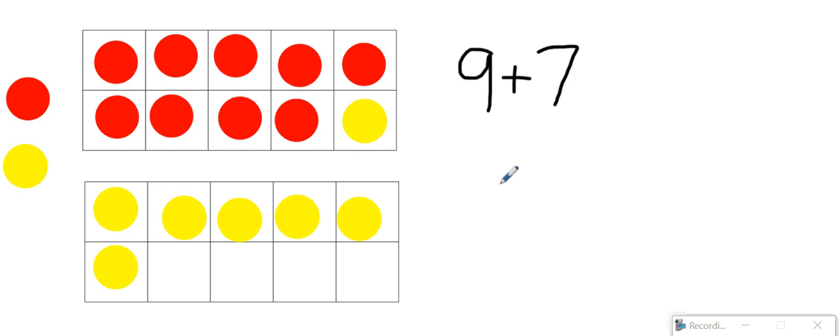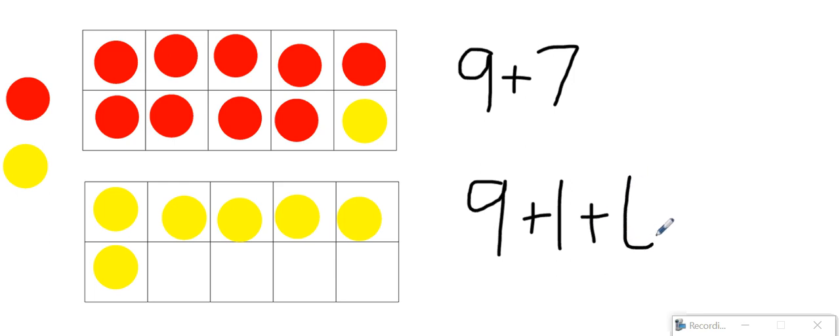So I had 9, and I needed one more to make the 10. So 1 and 6 were 7. So I decomposed that number so I could make 10.